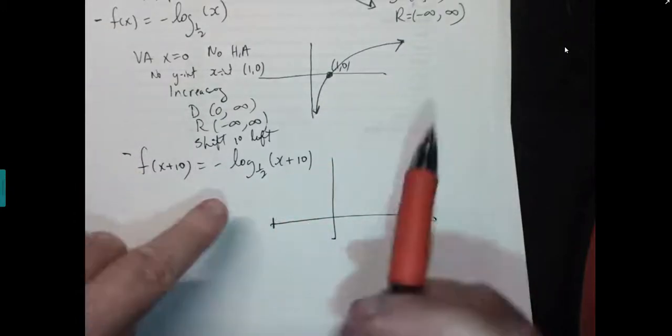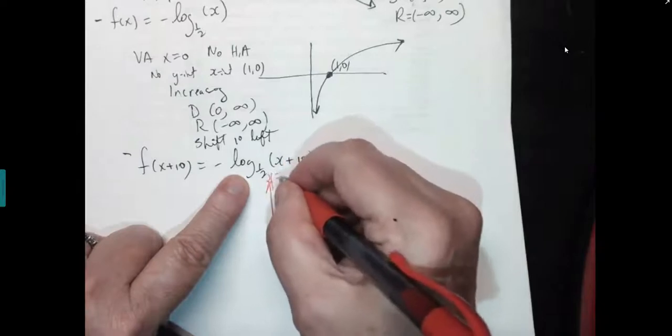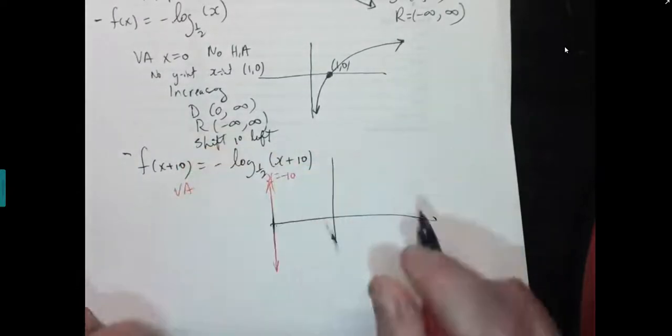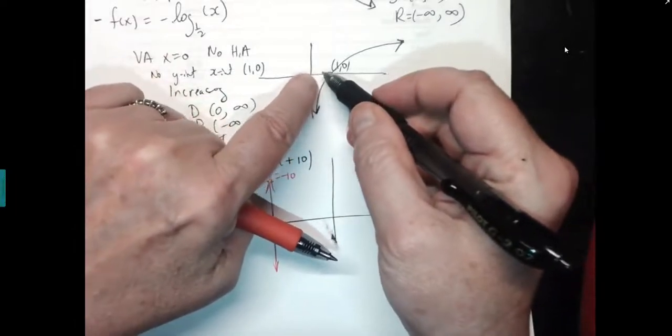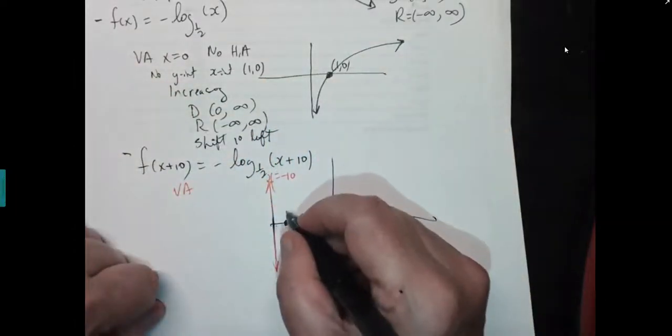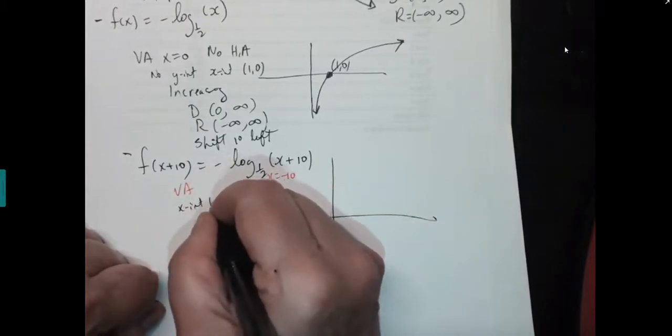So my new vertical asymptote here is going to be the vertical line x equals negative 10. And this x-intercept is going to be shifted 10 units left. So my x-intercept is going to be negative 9, 0.